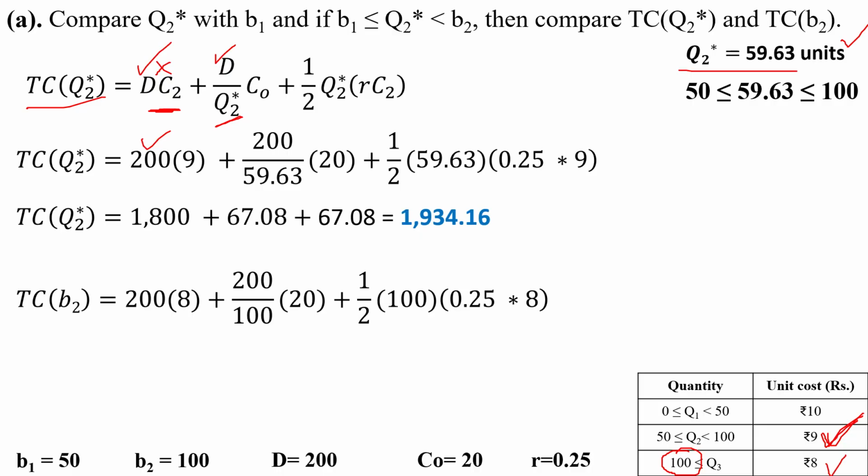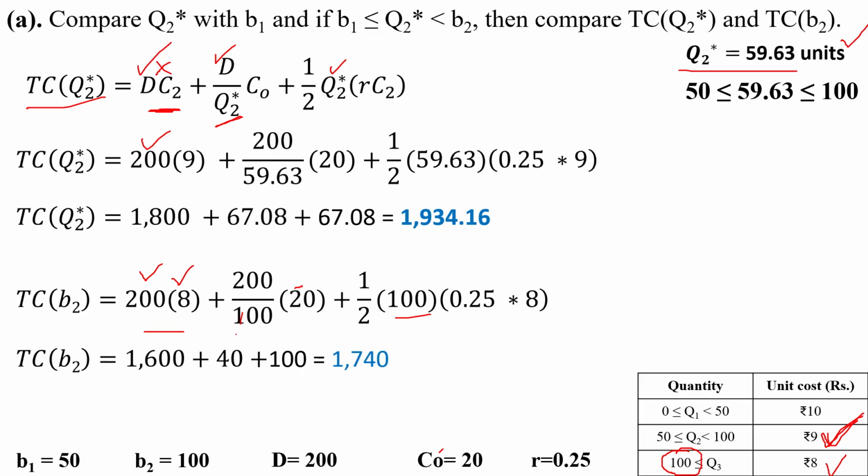So the total cost at the B2 quantity equals 200 times 8 plus D divided by B2, 200 divided by 100, times C0 of 20, plus 1/2 times B2, which is 100, times R times C3, which is 8. Then the total cost for the B2 quantity is 1600 plus 40 plus 100, which is equal to 1740.